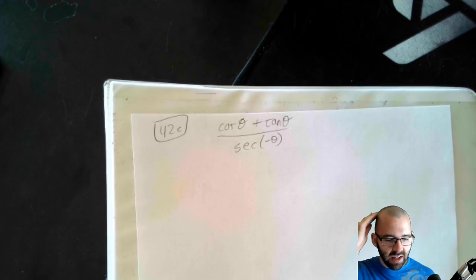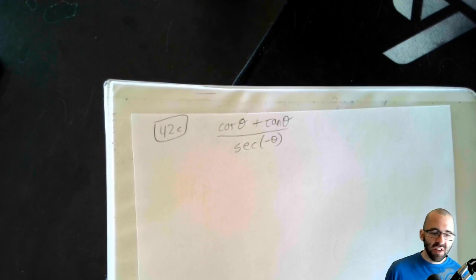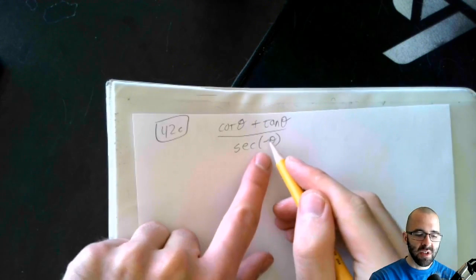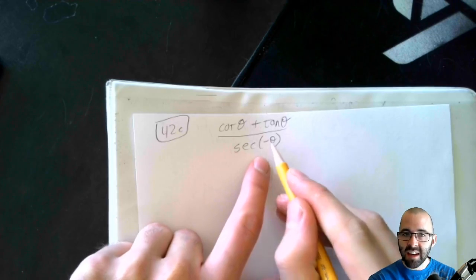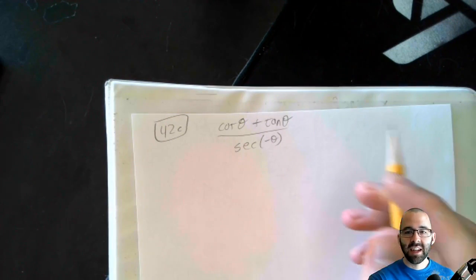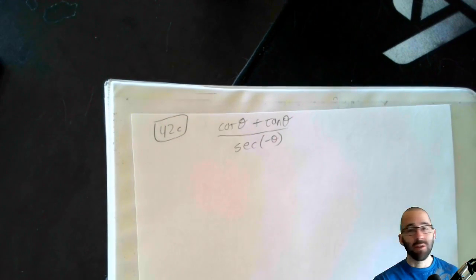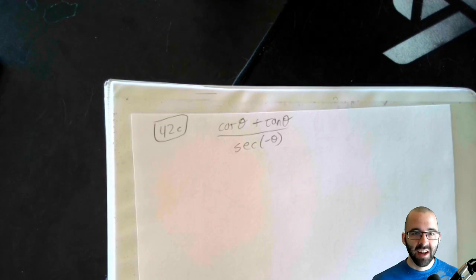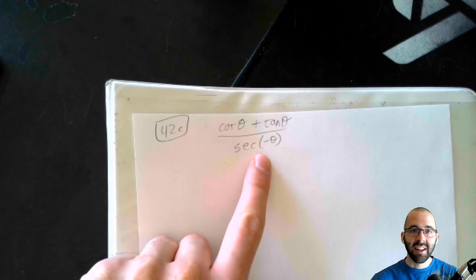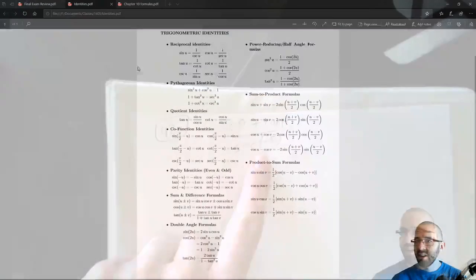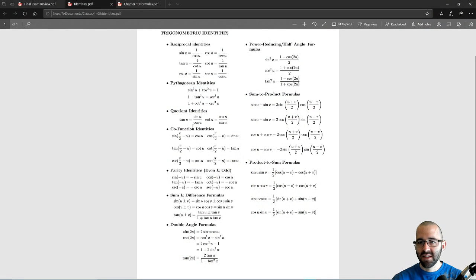So there's a lot going on here. You just put everything in sines and cosines. It can get a little simpler. Also, if you ever see a negative on the inside, let's deal with that. Parity identities.